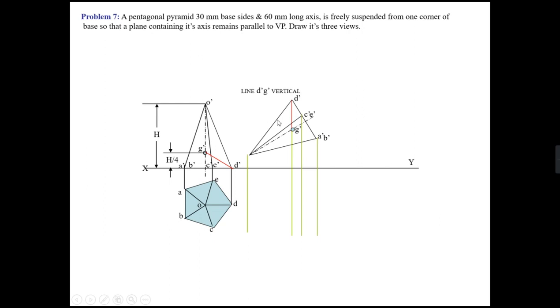So these two faces will be visible. Okay, so after that I will draw the other two lines, OA and OB, with the help of a dash line. So this is your top view.